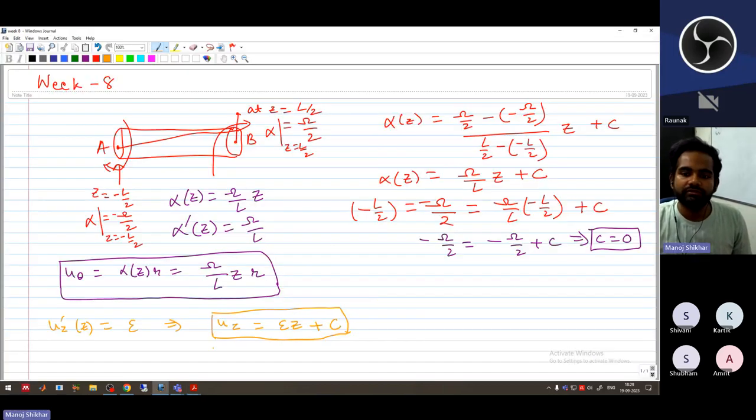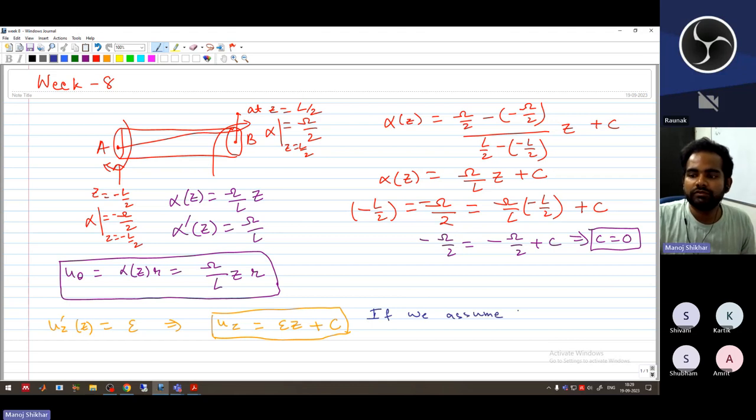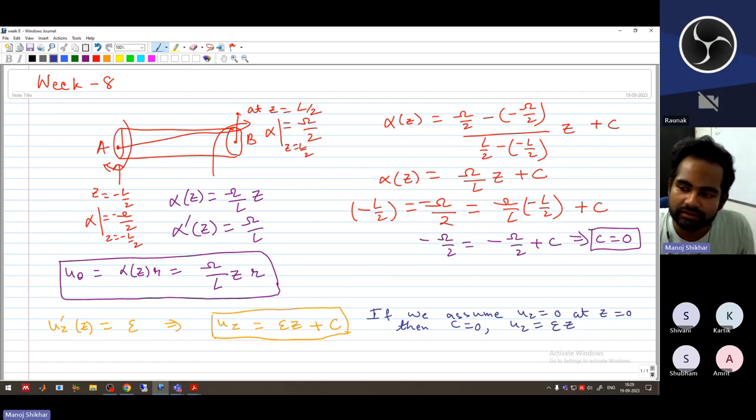Now, if we assume uz equal to 0 at z equal to 0, then in that case, this constant c will be 0. Okay. So uz reduces to epsilon z, which was taken in the class.